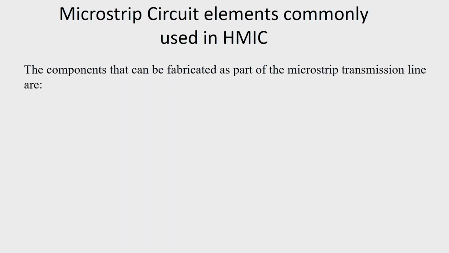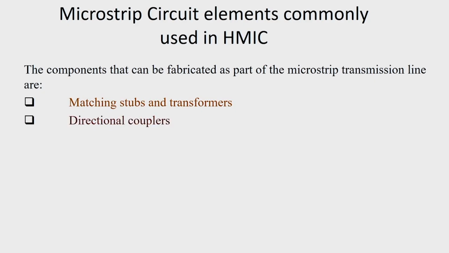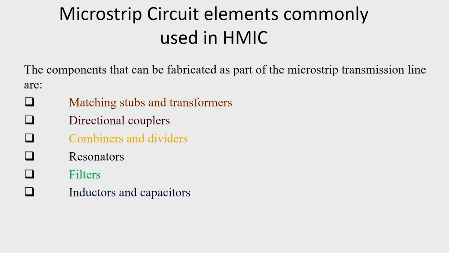Microstrip circuit elements that are commonly used in HMIC as a part of the microstrip line, these are matching stubs and transformers, directional couplers, combiners and dividers, resonators, filters, inductors and capacitors.